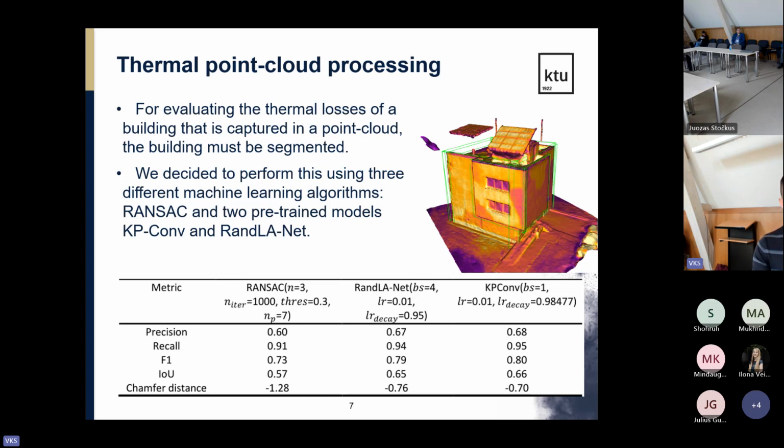And with these models, the best results were with the deep learning models. And for the metrics, we used standard metrics that you can see in many different papers, but also we used a chamfer distance metric, which is specifically developed for comparing different point clouds.